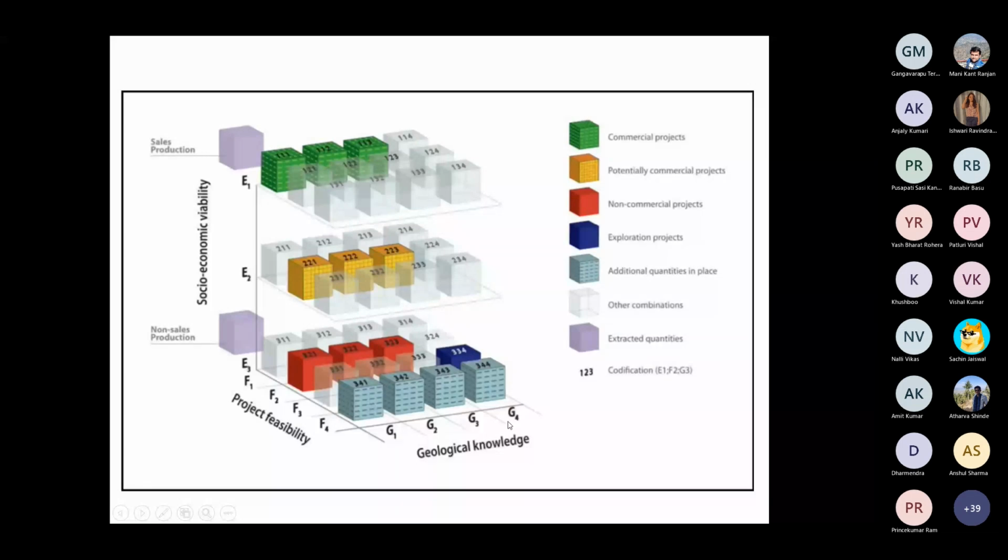And project feasibility, again, 1 is highest, and then this 4 is not reported. Somebody tried to extrapolate a little bit, but we use 1, 2, 3 only. So there are gray cases. If geology is 1, 2, 3, 4, similarly you can extend the feasibility in 1, 2, 3, 4, and here also we have used 1, 2, 3 only, of course.